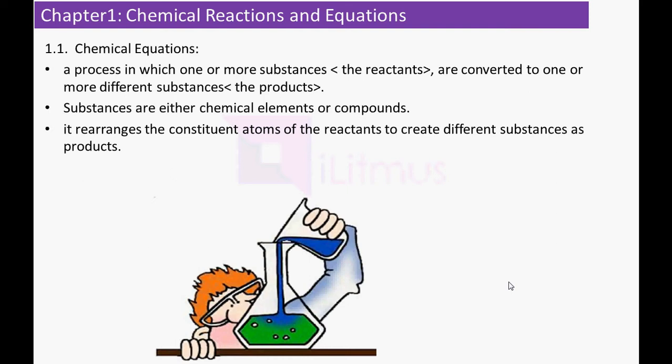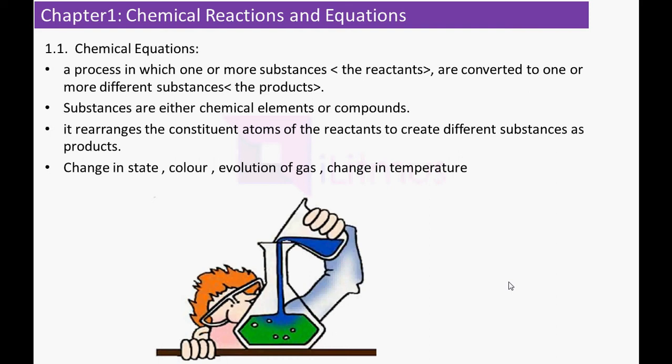For example, hydrogen and oxygen mix and make H2O. Similarly, calcium oxide mixed with H2O makes calcium hydroxide. So what happens? Calcium and OH ions make different bonding and create a different product. So it's actually a reconstitution of bonding between different atoms.